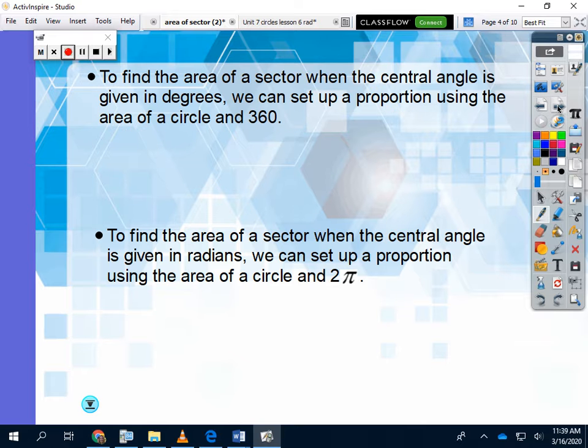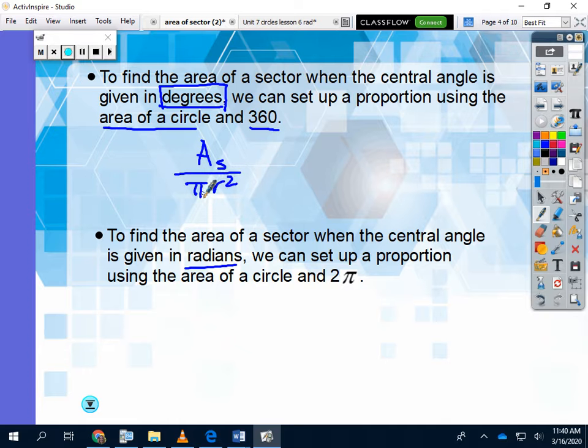Okay. To find the area of a sector, remember we have two ways of measuring angles: degrees and radians. We're talking about degrees first. Two different formulas. If I want to find the area given degrees, we need the area of the circle, and we need to know that there are 360 degrees in a circle. So the area of the sector, I'm going to make that a sub s, is going to be a fraction of the whole circle, right?